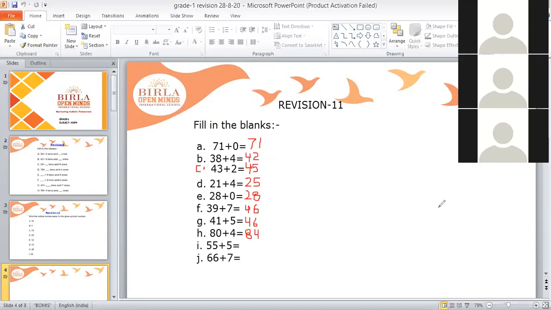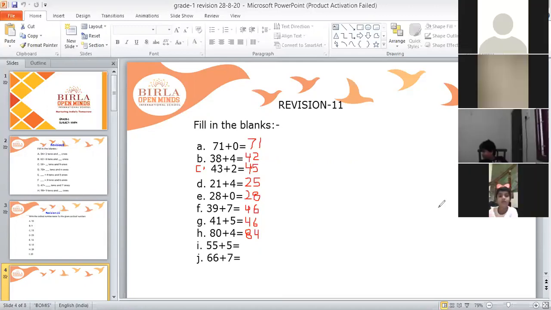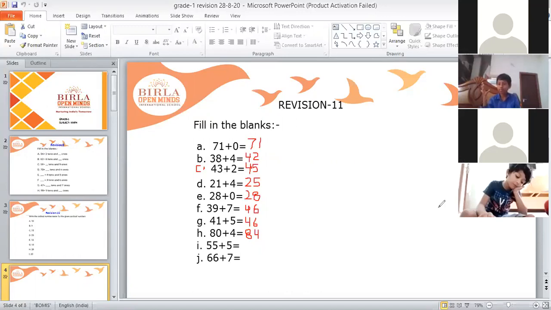Turn on your camera, Advait, and take out 5 fingers quickly. Show me your 5 fingers. Now start counting after 55. 56, 57, 58, 59, 60.